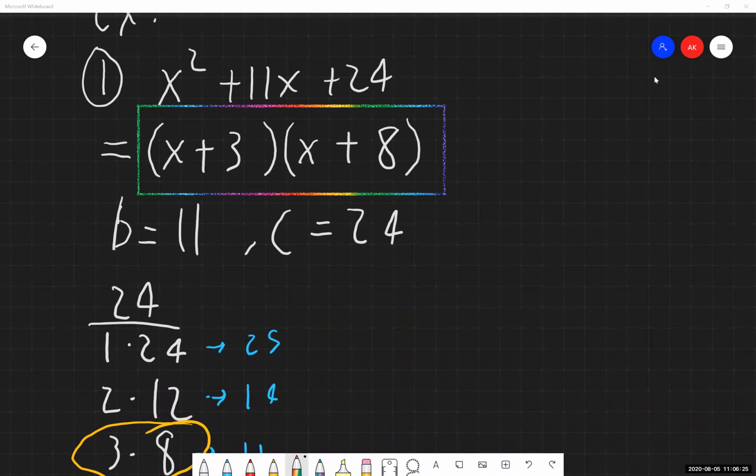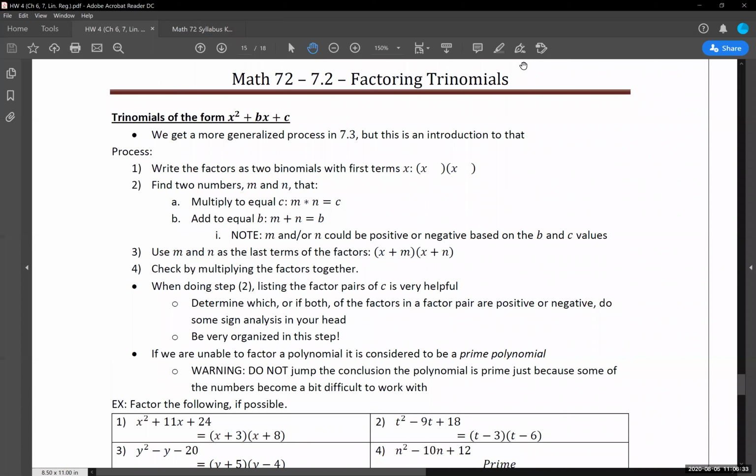What I mean by B and C value is, jumping back here to our notes, our B and C value we have right here. So the B value is the number that's right in front of x, and the C value is the constant at the very end.